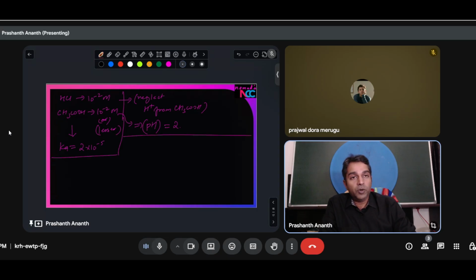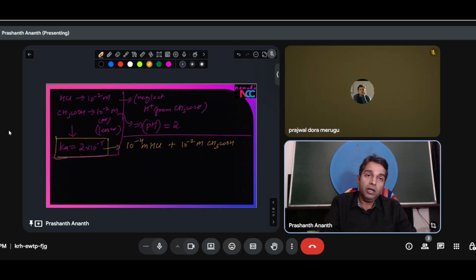The other case over here is if I am having say 10 power minus 4 molar HCl plus 10 power minus 2 molar CH3COOH. Same Ka value is given over here also. In this case, I can't neglect the H plus from the CH3COOH here, because H plus from HCl is very low.